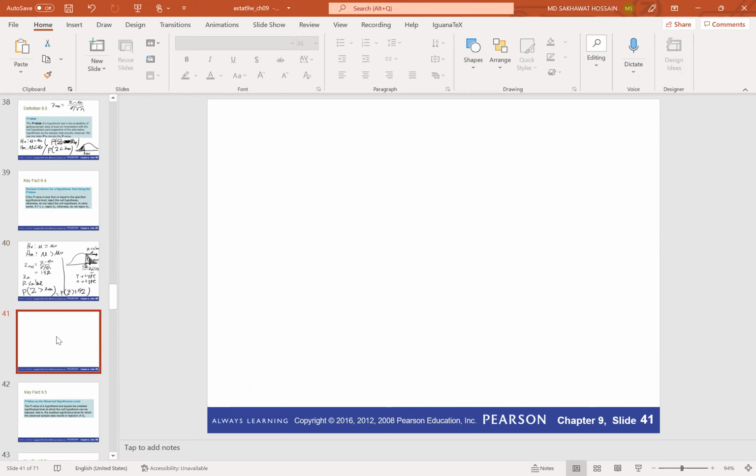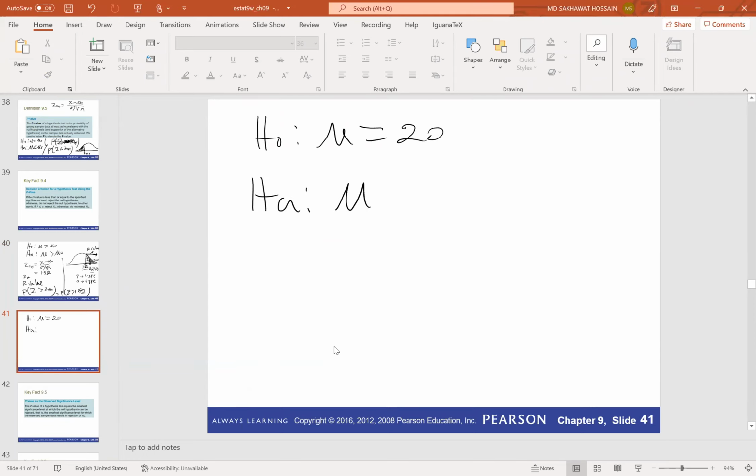Okay, so let's consider another example. So for example, we have H0: mu equals 20, and we have the alternative, let's consider less than, so the alternative is mu less than 20.